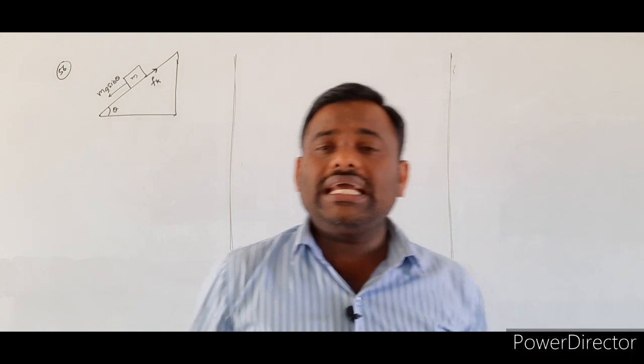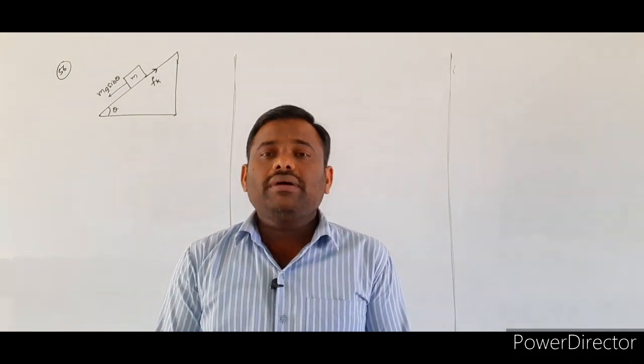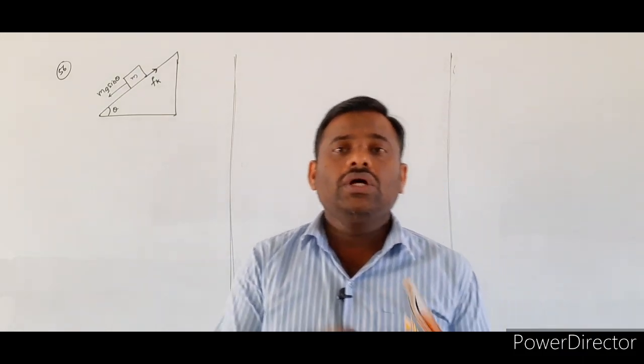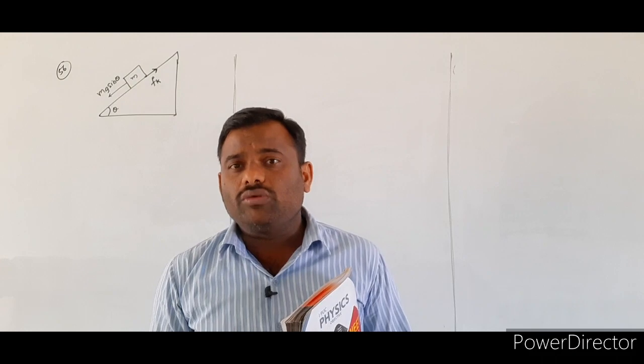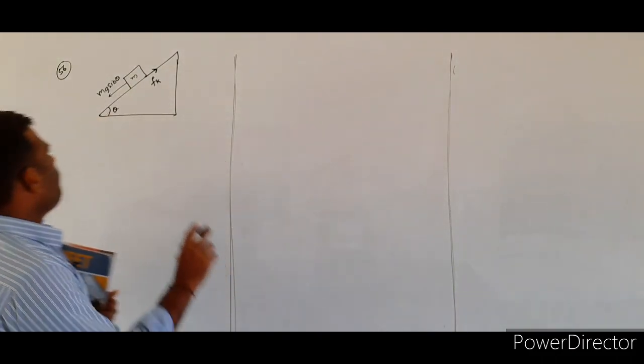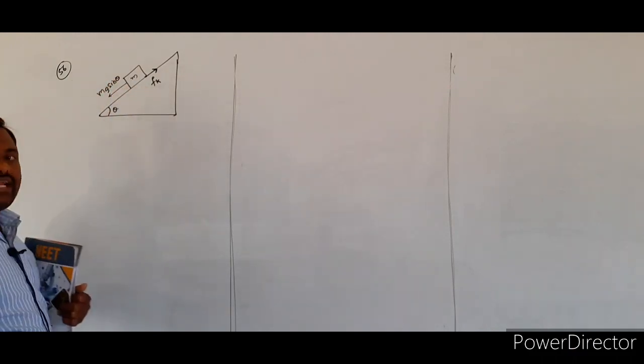So what is the meaning of limiting friction? The limiting frictional force is the minimum external force required to slide the body or to bring the object into motion. Here also, whenever the object is placed on the inclined plane, it is initially in the state of rest.